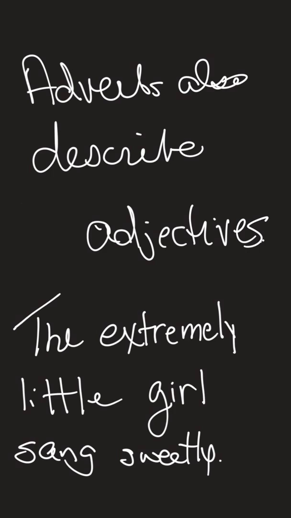The girl is our subject. It's a noun. The adjective that describes her is little. Look at the word extremely. Extremely is an adverb, and it tells us how little she is. So it actually describes the word little.